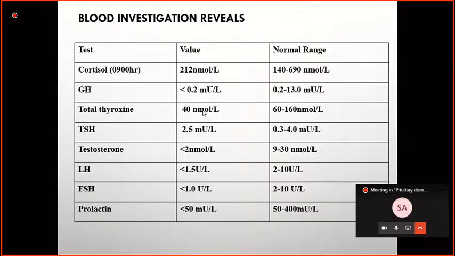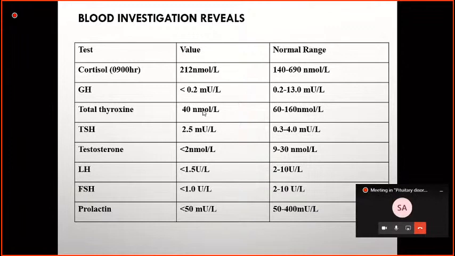The total thyroxine is low, but the TSH is normal, because there is enough reserve for the pituitary to still produce TSH. And like I mentioned earlier, in hypopituitarism, TSH will be among the last hormones to be affected.